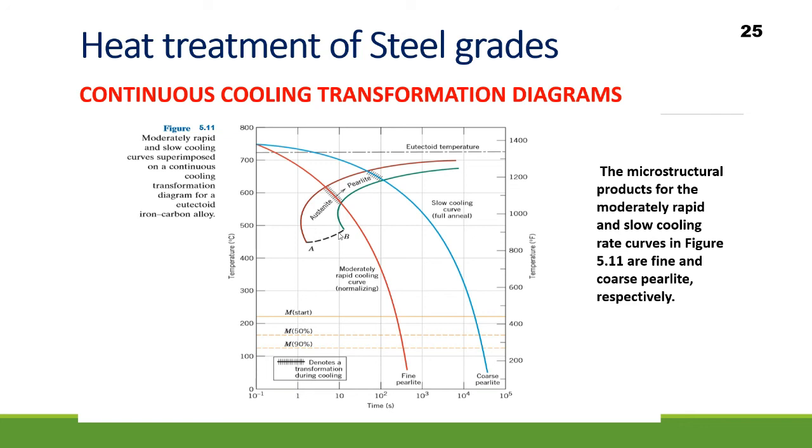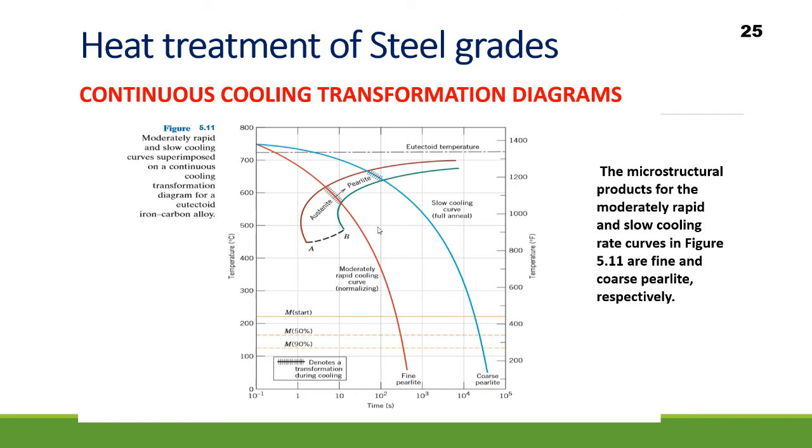It means by the time the temperature comes down to the particular temperature at which bainite forms, all the austenite will already have transformed to pearlite. So there will be no room for the formation of bainite in this case.